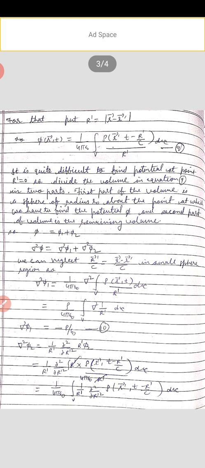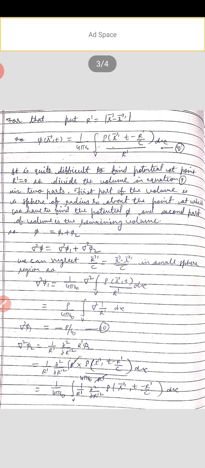Then apply del squared on both sides, and we get ∇²φ = ∇²φ₁ + ∇²φ₂. We can neglect R/c = r/c − r'/c in the small sphere region, so we can neglect this term.